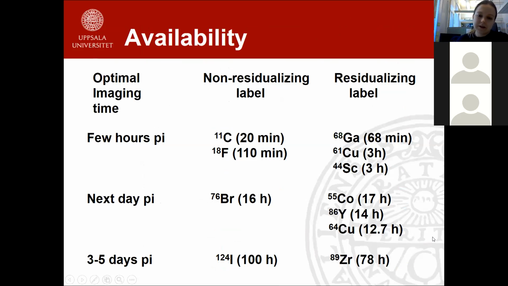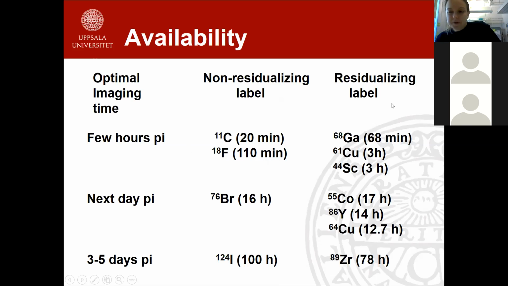And as I mentioned before, this table just summarizes basically optimal imaging time if you want to do imaging, at which time point we want to do imaging, then which label would be suited with a shorter half-life or longer half-life. And here we are looking again at something called non-residualizing or residualizing labels.